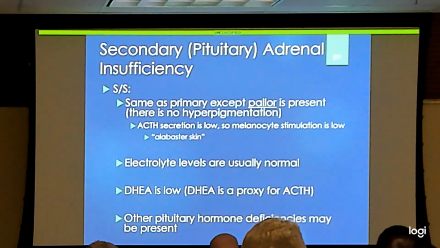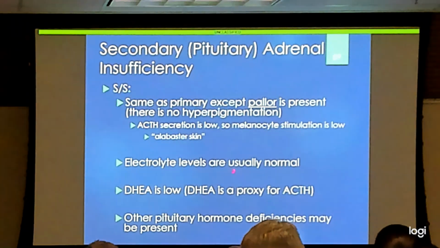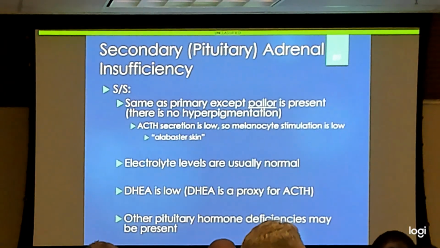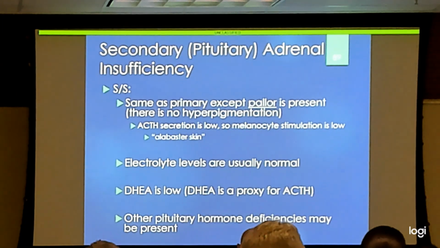DHEA level is low. DHEA is like a proxy for ACTH, right? It's kind of similar. So DHEA level is low because the ACTH is low. So understand, like I said, we're the most common cause for secondary adrenal insufficiency.